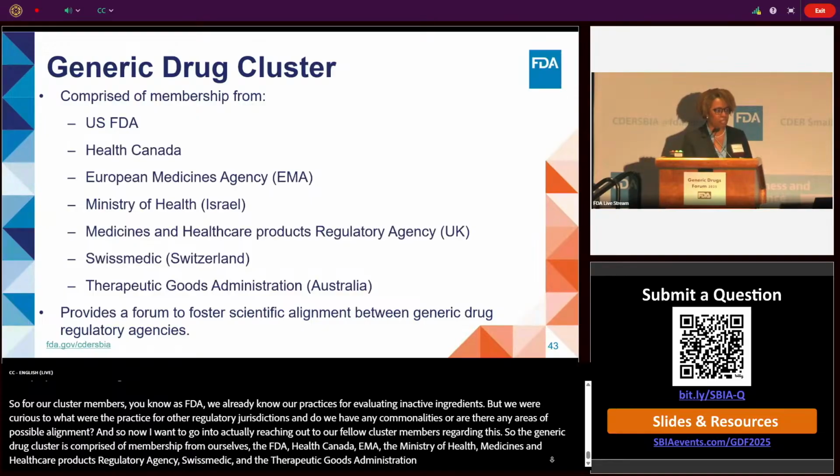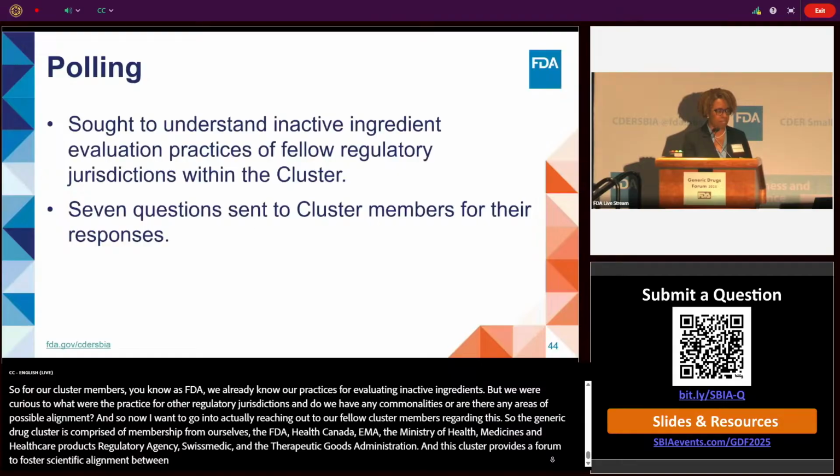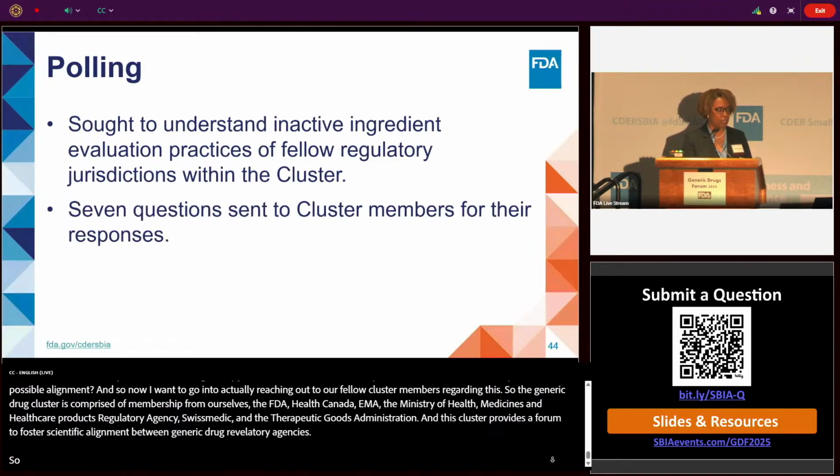And this cluster provides a forum to foster scientific alignment between generic drug regulatory agencies. So as I said before, we wanted to find out what were the common practices within these jurisdictions. So we polled our cluster members with 7 questions for them to respond to.